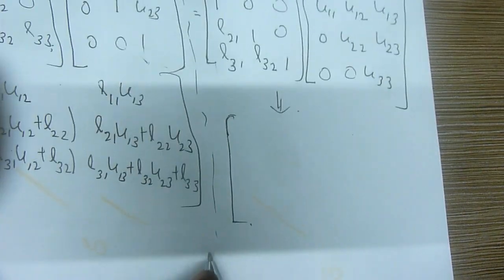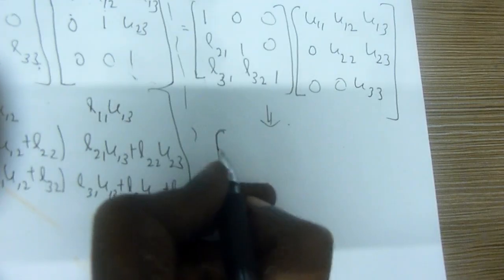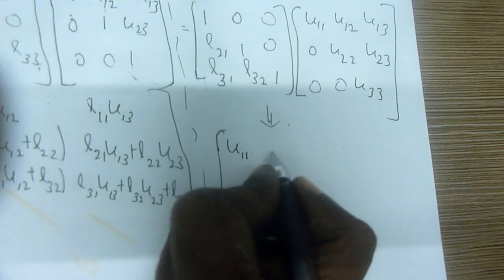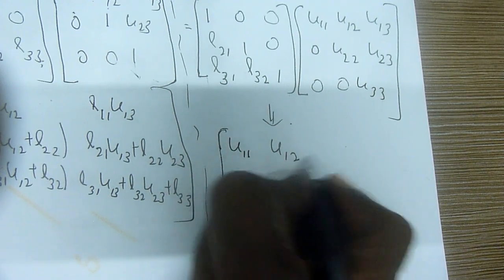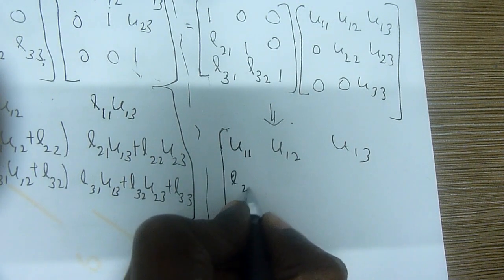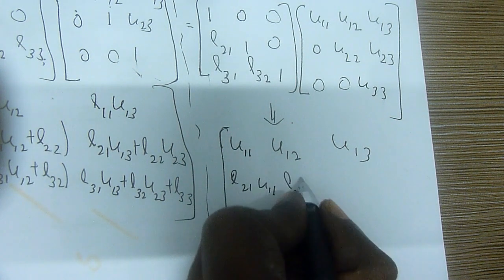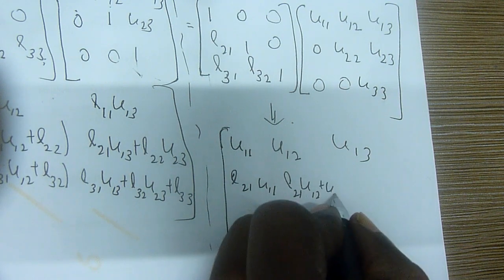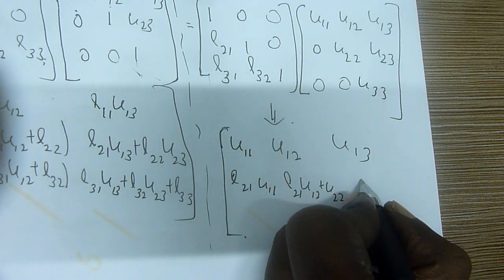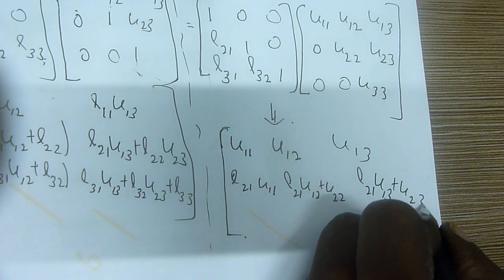You can solve it very fast again, but you start by doing U11, U12, U13, then L21 U11. Okay, I'll make it A21: L21 U12 plus U22. Here, L21 U13 plus U23.